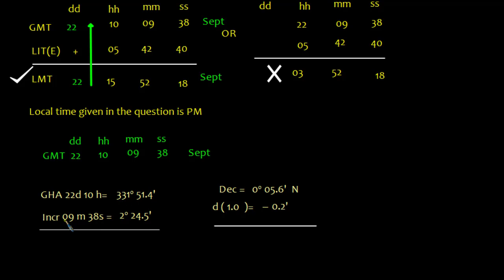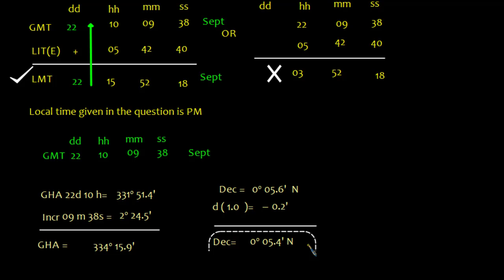And then we look at the increment, which is 09 minutes 38 seconds. Similarly, we look for the declination 0 degree 05.6, and we examine that the declination is decreasing. So we take the value of d, that is 1. So we have the value of declination as 0 degree 5.4 minutes north, and the GHA 334 degrees 15.9 minutes.